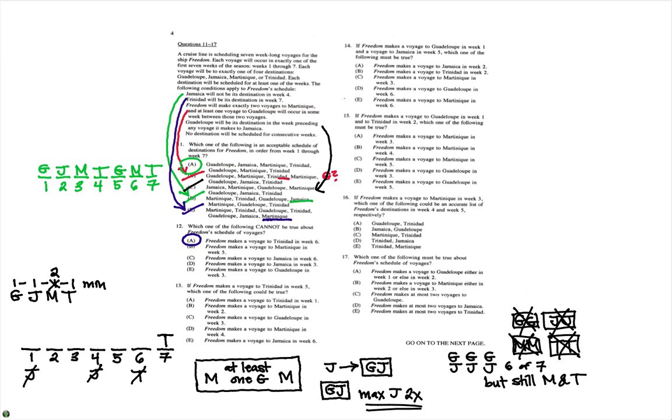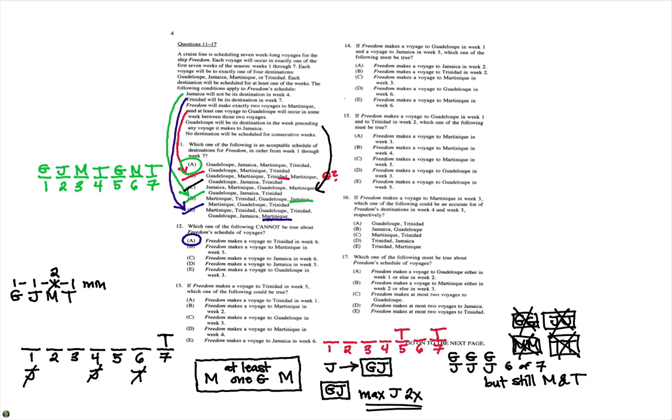Question 13. If Freedom makes a voyage to Trinidad in week 5, which of the following could be true? Alright, so let's take a look here and see what happens if Freedom takes a voyage to Trinidad in week 5. Well, we already know Trinidad shows up in week 7. Now it is also going to come in week 5.